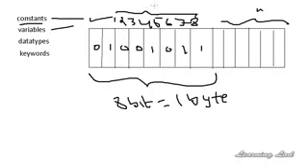For example, let's give a name called X to this byte. So this name given to the memory location is called a variable. A variable is nothing but the name given to a memory location in order to access it easily.